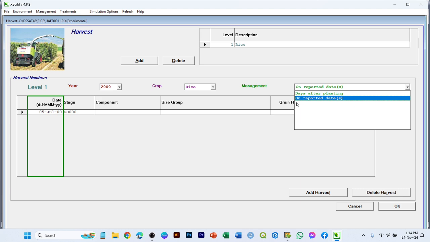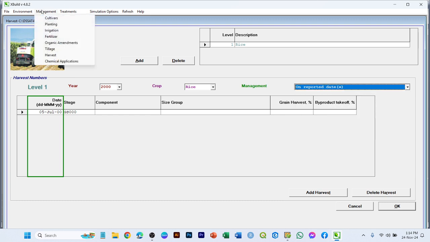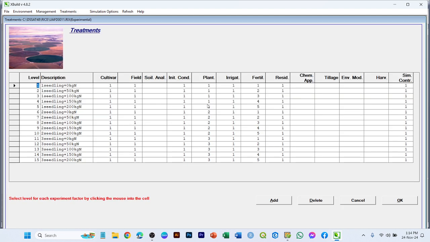Clear? Normally we mention the reported date because we know the date of harvesting of our experiment. To avoid simulations, we mention it over there as the reported date. Okay?